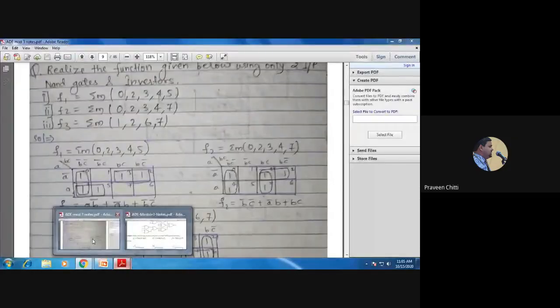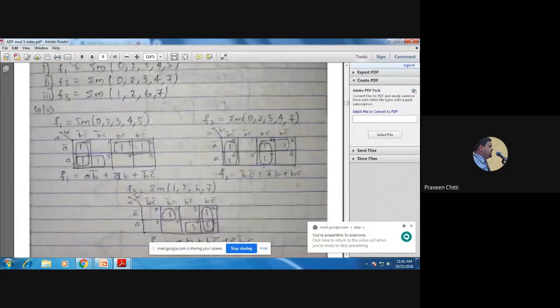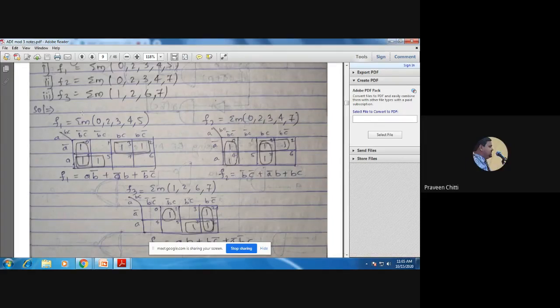What is the answer for F1 you are getting? A bar C bar plus A bar B plus AB bar. A bar, C bar for F1. Just check. You can see here three variable K-map you have to draw. A, B, C I have taken as the inputs. Right, sigma m 0, 2, 3, 4, 5.